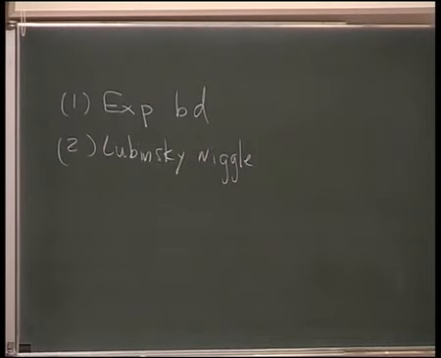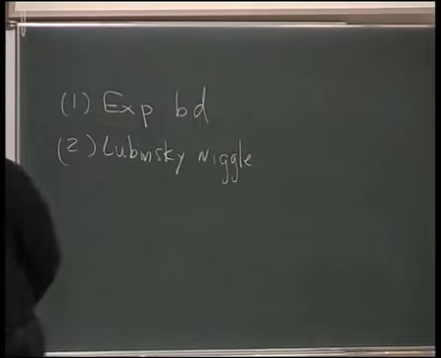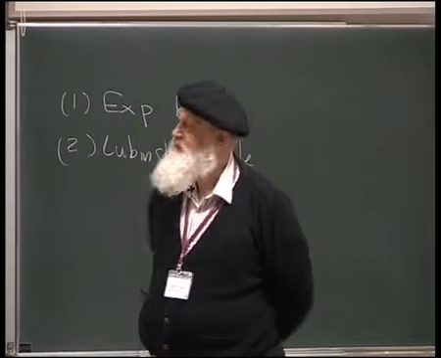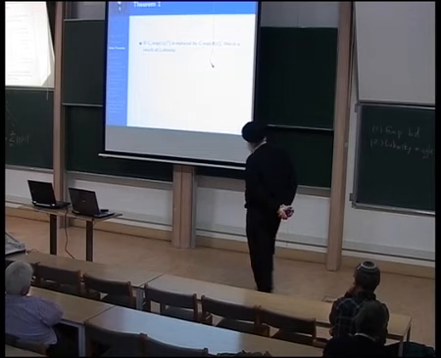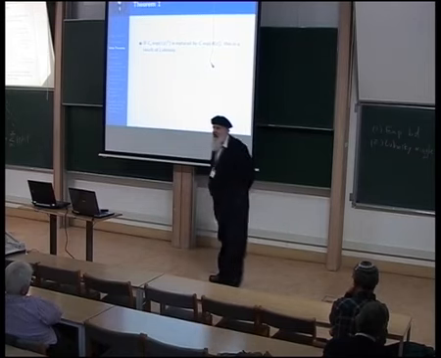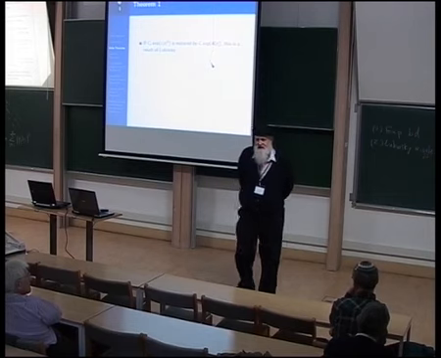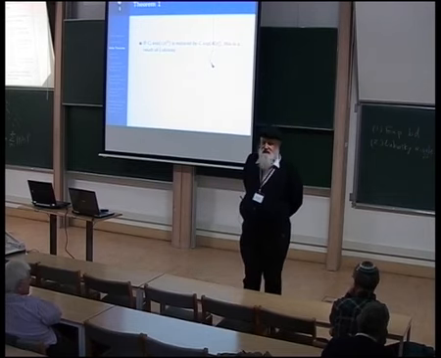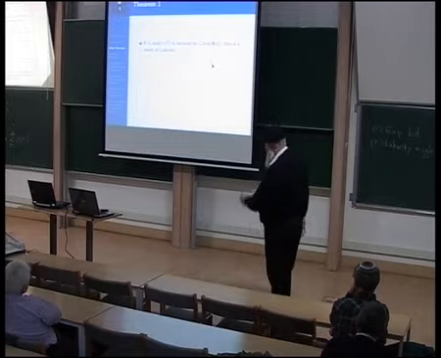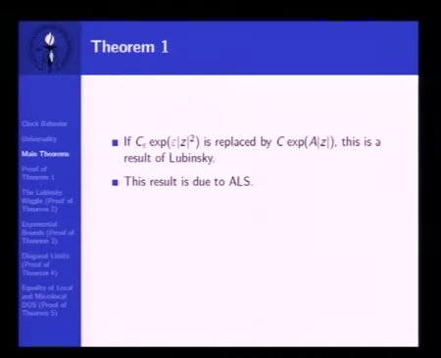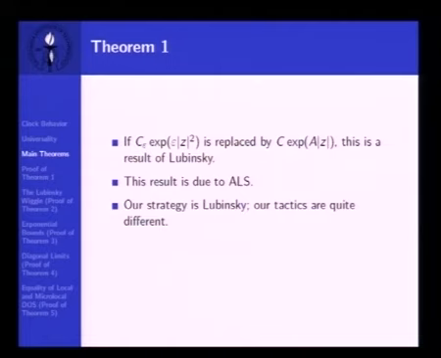And if instead of allowing Gaussian z squared growth at infinity, you make it exponential of z, then this theorem, while not explicit, is implicit in Lubinsky's second paper, his second approach. And the result, as I stated, is in the paper of Avila, Last and me. Our strategy, which I'm going to describe, is Lubinsky's in some sense, but the tactics we use and the particular proof I'm going to show you later really is different from Lubinsky's.